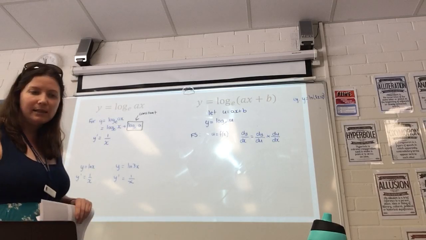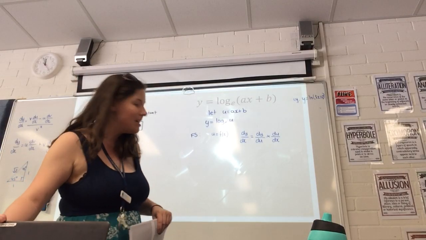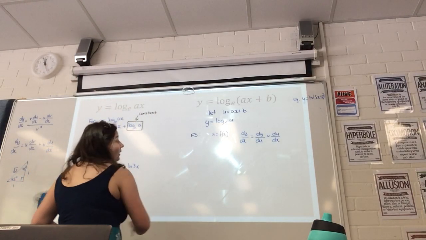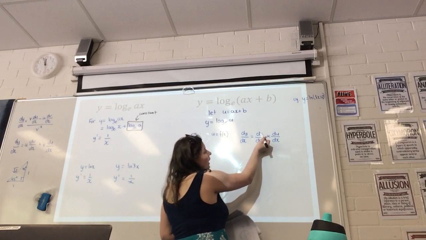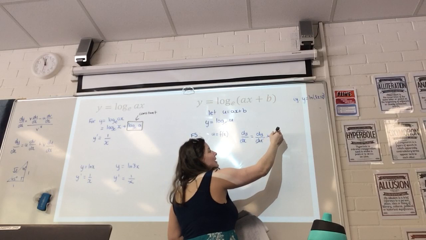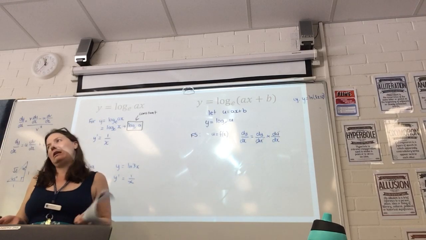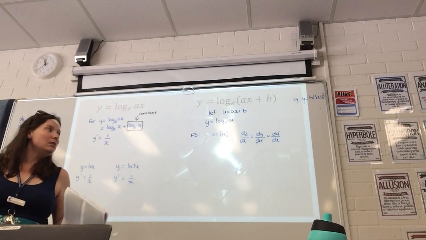We've used it in extension, but what you can see is we've got dy on the top, dx on the bottom. We've got a du on the top, du on the bottom. So it's just that we've manipulated. They cancel out to become dy on dx. Okay? So it's just a manipulation.